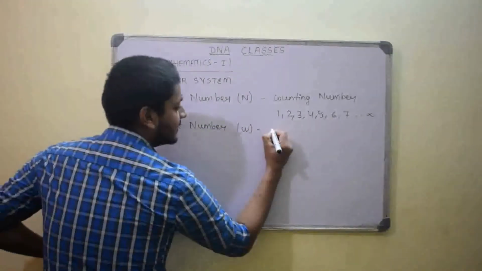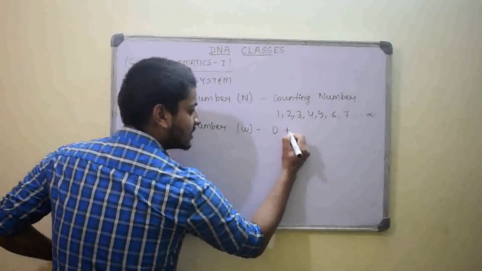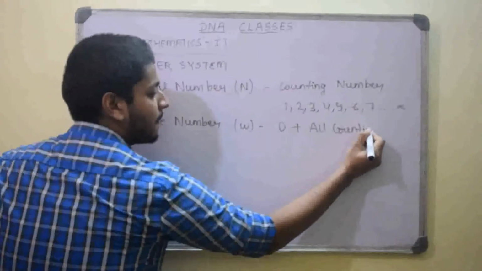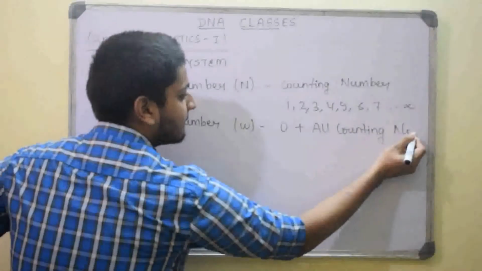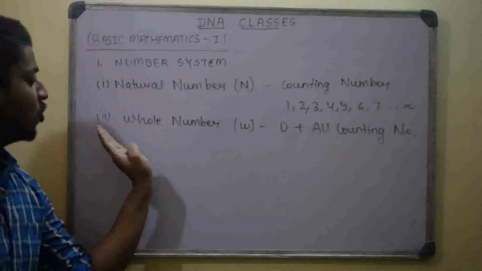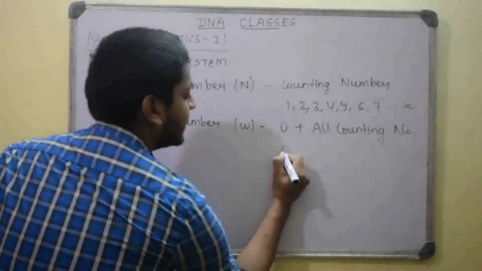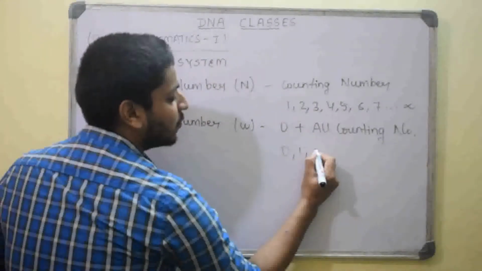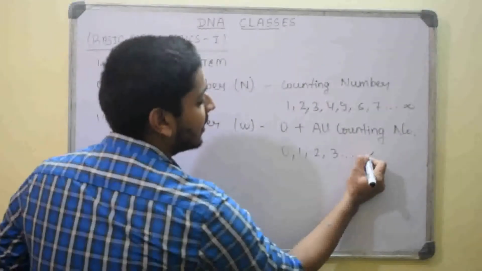So this is 0 plus all counting numbers. So example of this whole number will be 0, it will start with 0 and will go till infinity. So 0, 1, 2, 3 till infinity.